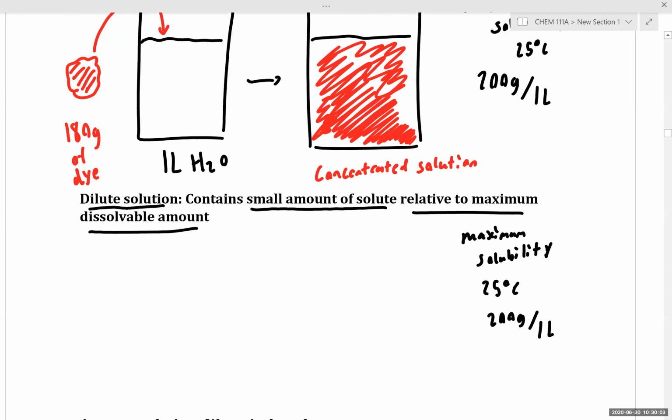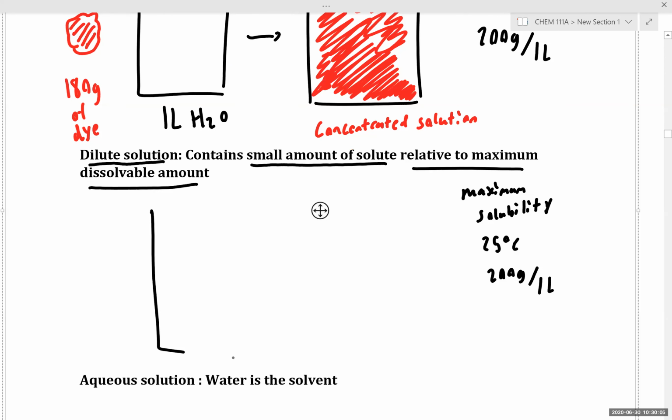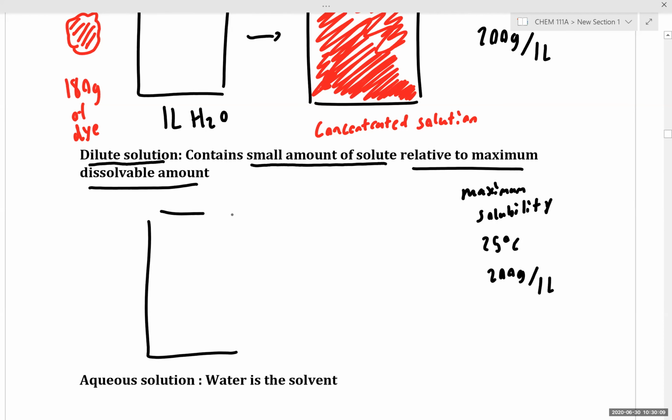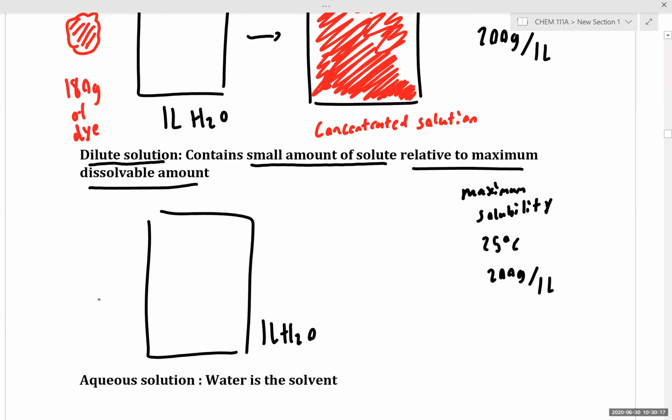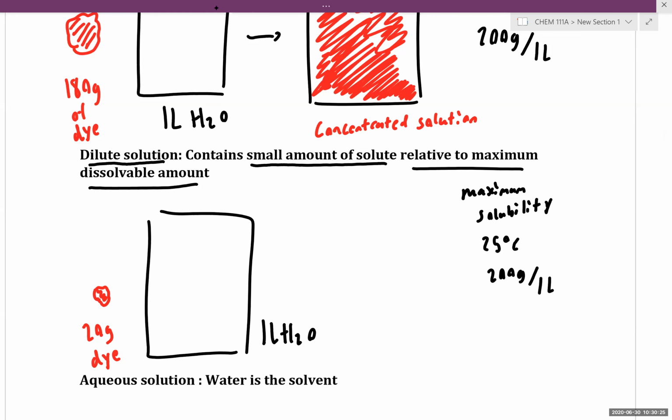And let's start this process over one more time. Let's suppose we have 1 liter of water, except this time we're only going to dissolve a tiny amount. Just let's suppose 20 grams of dye to prepare our solution.